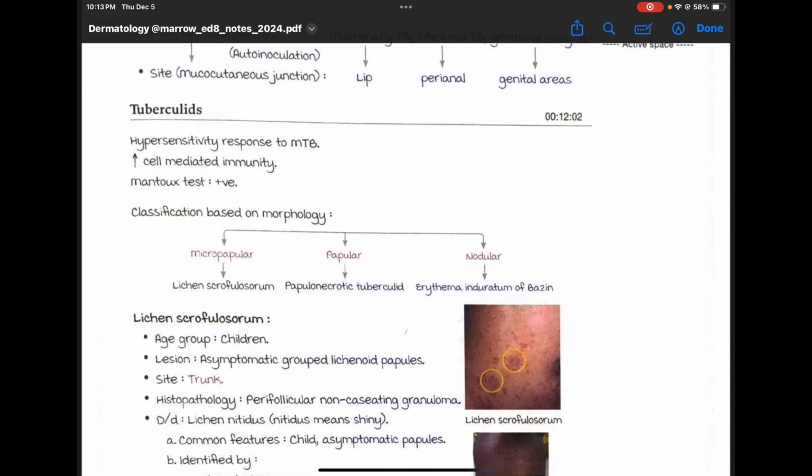Tuberculids, hypersensitivity response to multibacillary TB. Increased cell-mediated immunity. Mantoux test positive.